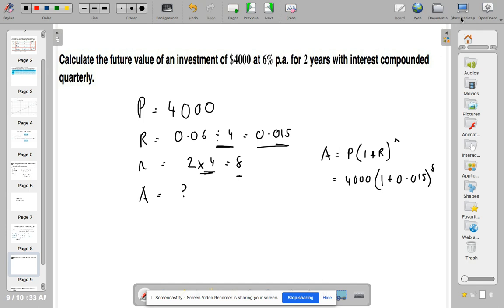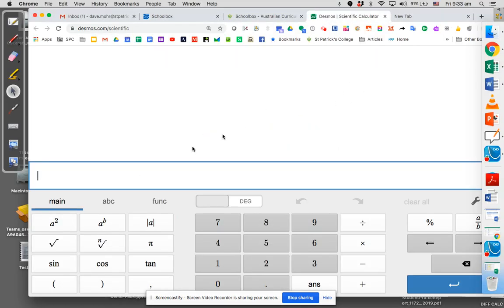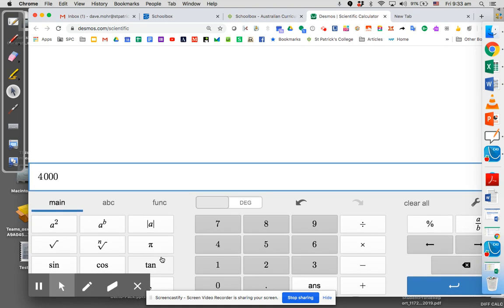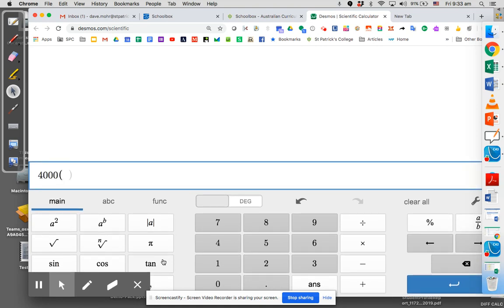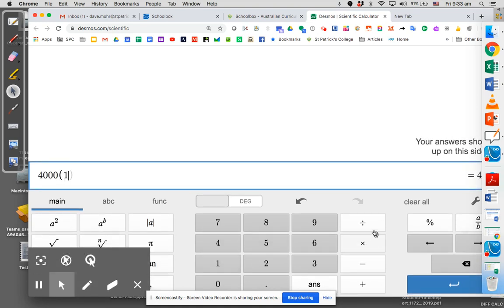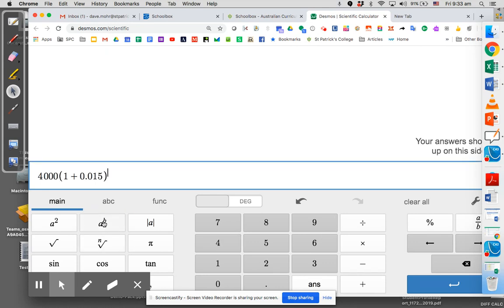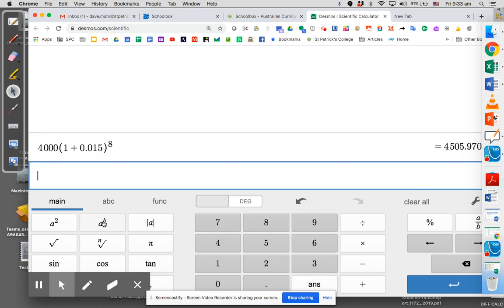We can now work that out on the calculator. 4,000, bracket, 1 plus 0.015, close brackets, to the power of 8, enter, and we get $4,505.97.